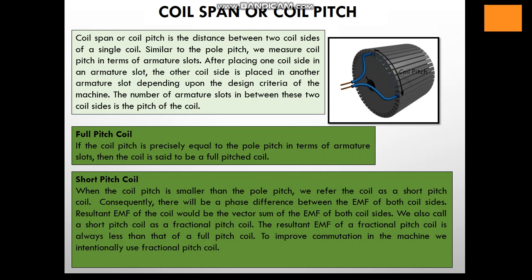We also call the short pitch coil a fractional pitch coil. The resultant EMF of the fractional pitch coil is always less than the full pitch. To improve commutation of the machine, we intentionally use a fractional pitch coil as another way of minimizing the armature reaction or commutation problems.